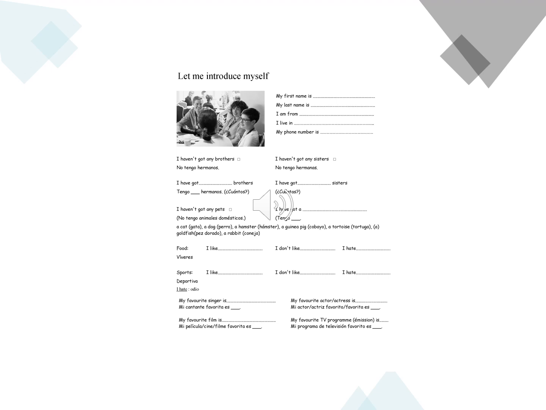Is there some kind of food that you hate? How about sports? Which sport do you like? Do you like football? Do you like American football? How about basketball? What don't you like? Which sport don't you like? Is there one that you hate?